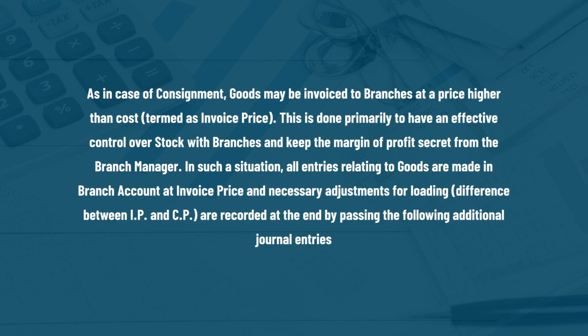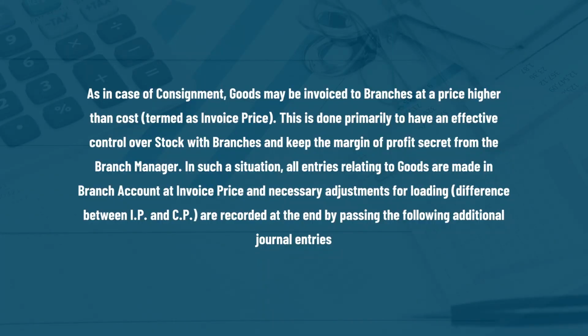This is done primarily to have effective control over stock with branches and keep the margin of profit secret from the branch manager. The head office does not want to disclose the actual amount of profit earned to the branch manager.